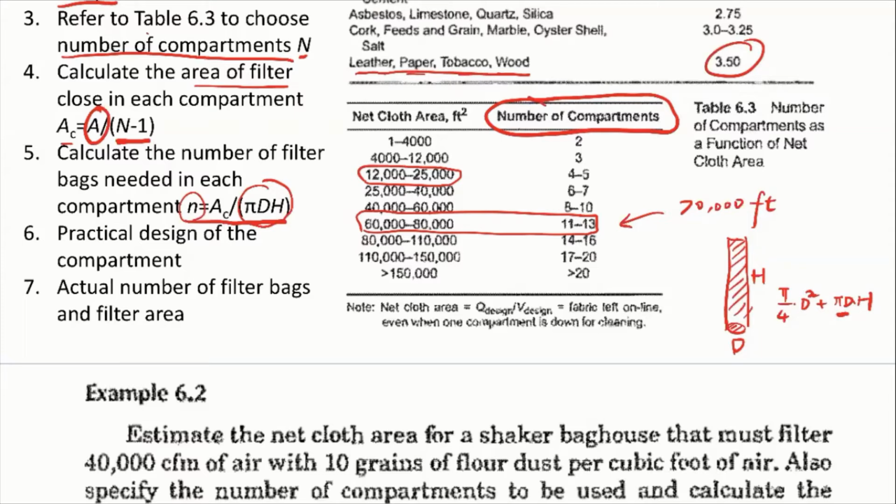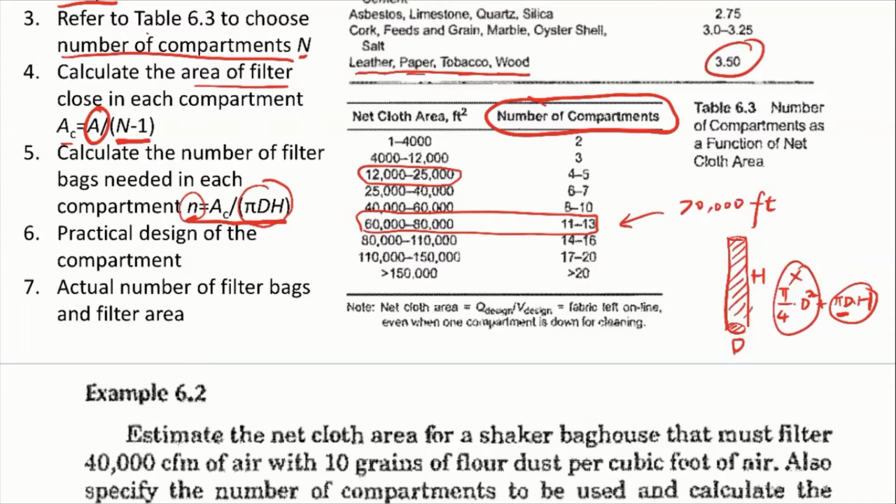And in general, these baghouse filters or filter bags have a very long dimension. So we can typically ignore this base area and just use pi D H as the area of a filter bag. That's why we divide this AC by pi D H to get the number of filter bags we need in each compartment, right?